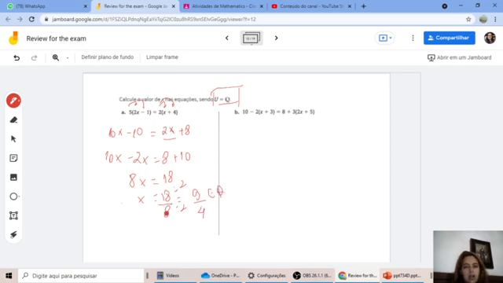Here, I repeat, 10 minus 2 times x, 2x. Then 2 times 3, minus 2 times 3, minus 6, equals 8 plus 3 times 2, 6x, 3 times 5, 15. Let's leave x on one side and numbers on the other.